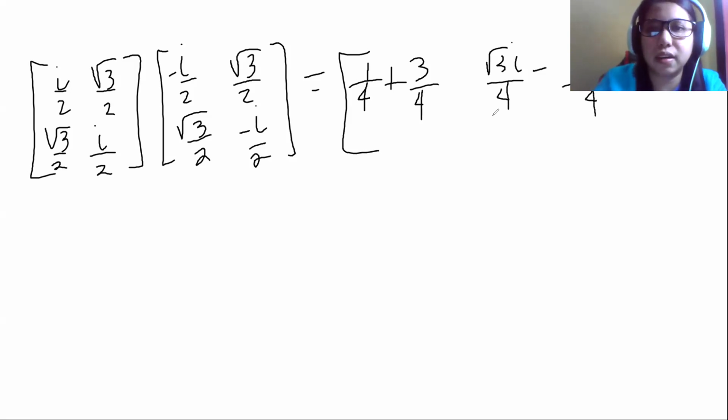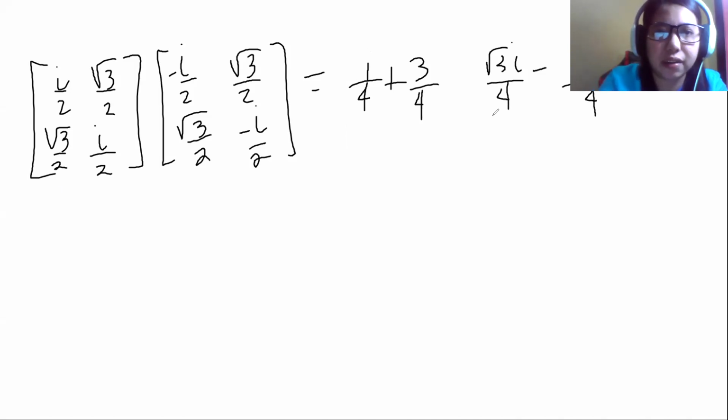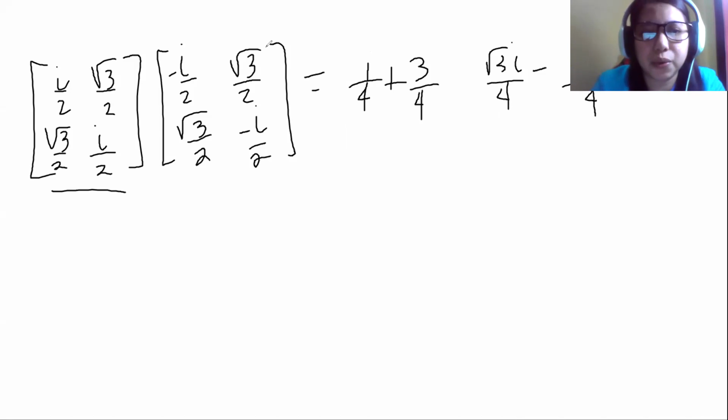Okay, next, let us consider this part. So negative 3 halves multiplied by negative 3 halves is equal to 3. 2 times 2 is 4.